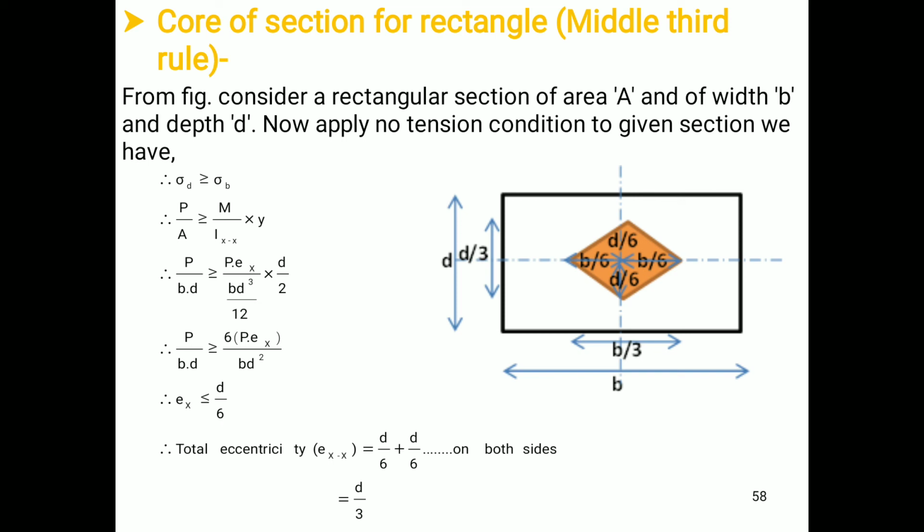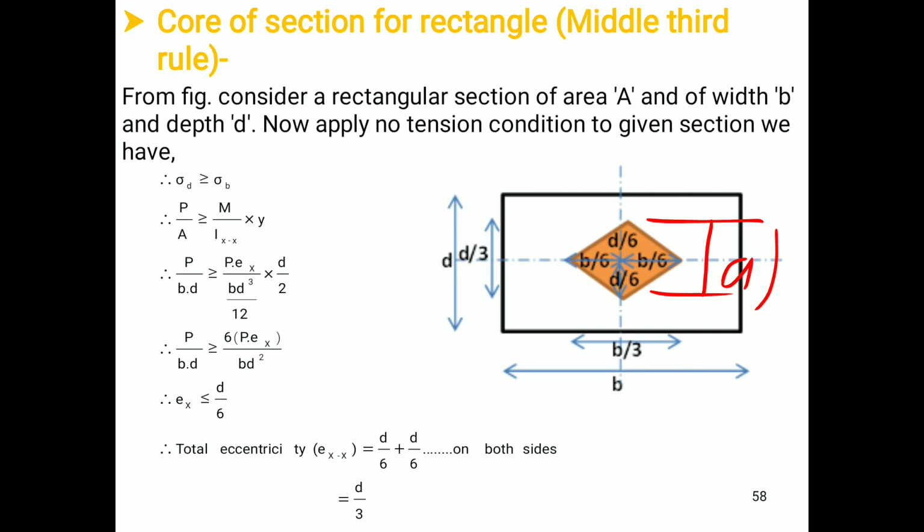It means that this is the value of eccentricity about the xx axis where we can apply the load. Remember that eccentricity should be less than or equal to D by 6, that is, up to this distance only. Now the total eccentricity about the xx axis is D by 6 plus D by 6 on both sides, so it is D by 3.